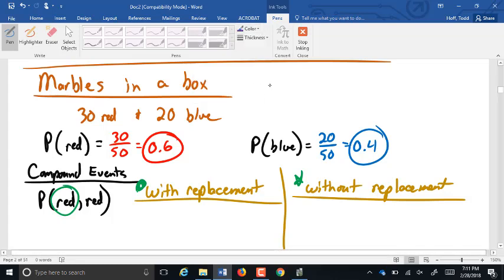Well, the probability changes or doesn't change. With replacement, the probability of the first one being red is 30 out of 50. If I put it back before I draw the other one, the probability of the second one being red is still 30 out of 50. That's 900 out of 2,500, or 0.36 probability.